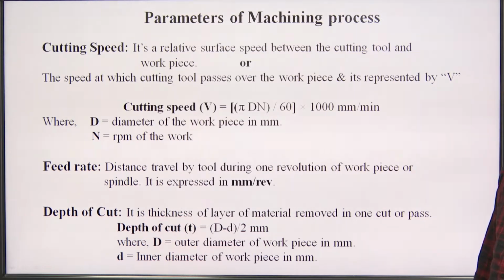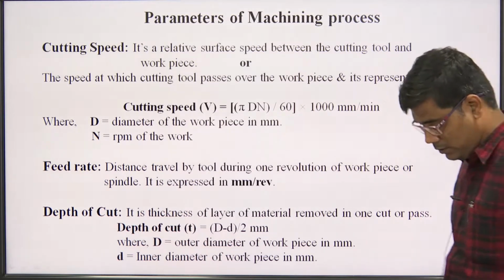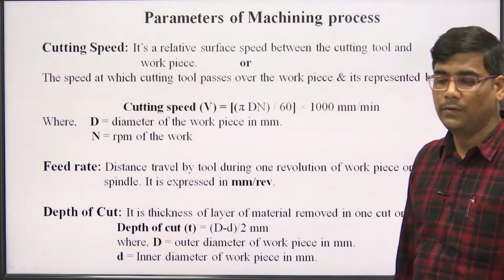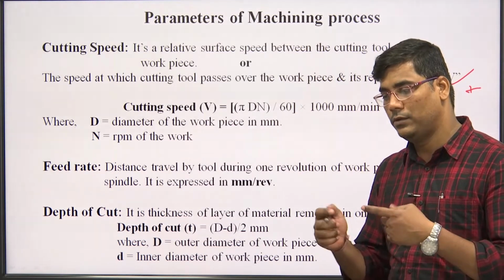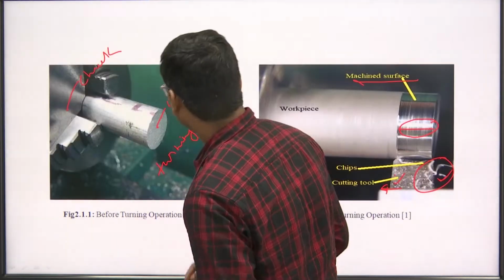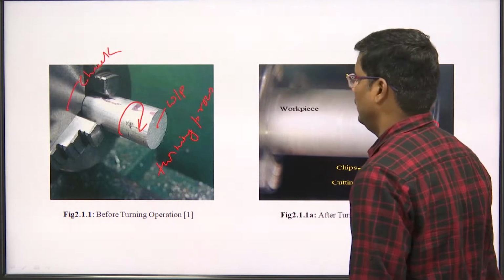Before going to the study, we discuss how these parameters affect the machined surface. In metal cutting, cutting speed is defined as the speed at which the tool passes over the workpiece, and it is represented by capital V. Or we can say it is the relative surface speed between the cutting tool and the workpiece. That means, in the previous diagram, the speed at which the workpiece rotates is the cutting speed.